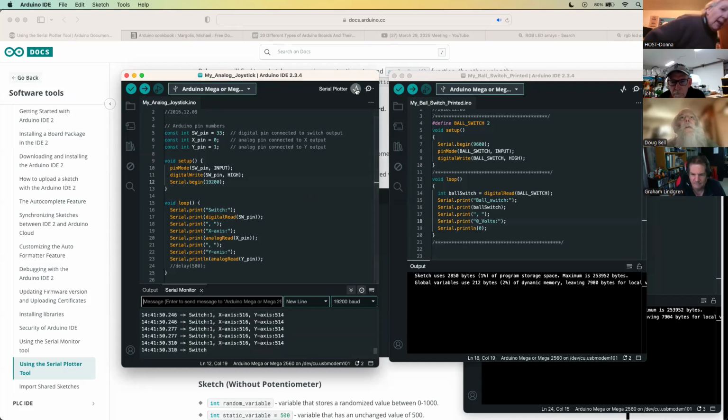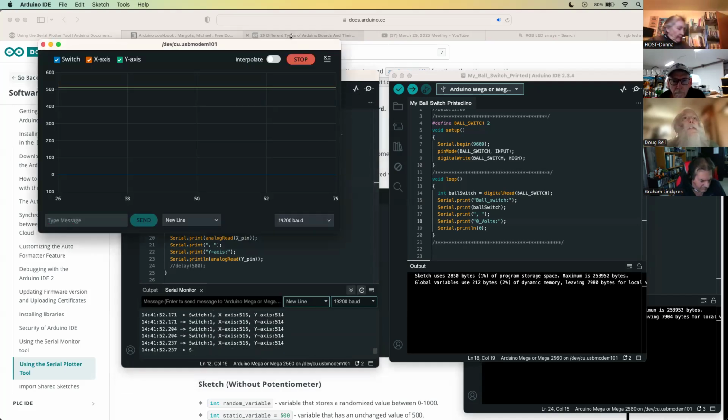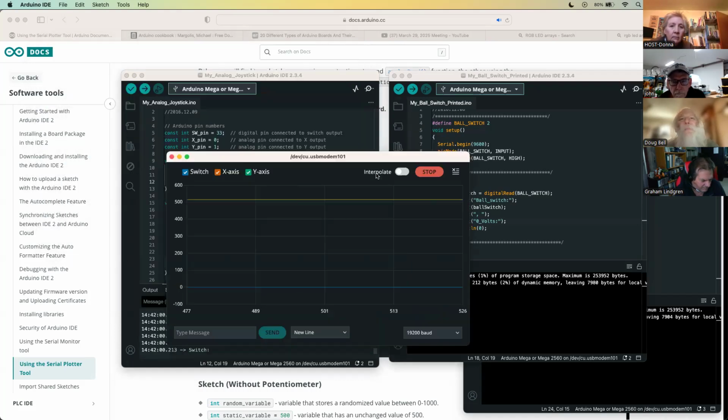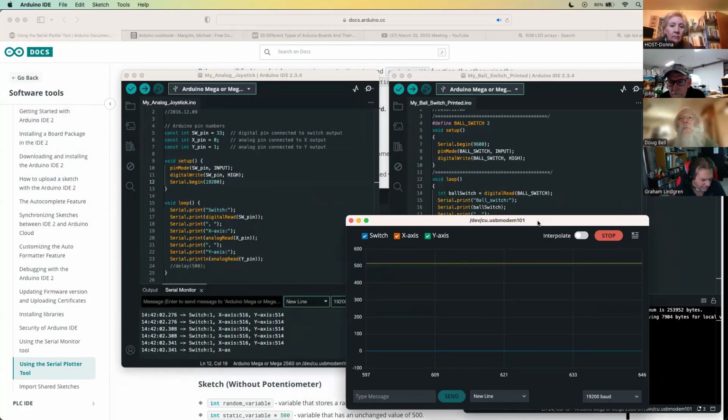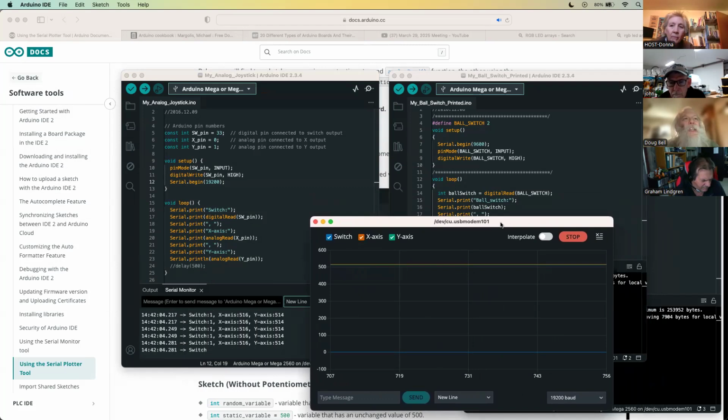Now, if I call the plotter, it doesn't know what to do. Oh, it thinks it does. Oh, it automatically got the 19200. So somehow it automatically updated that. That's interesting. It may have gotten it from the setting of the serial monitor. So let's see if I move this now, it'll come out twice as fast.